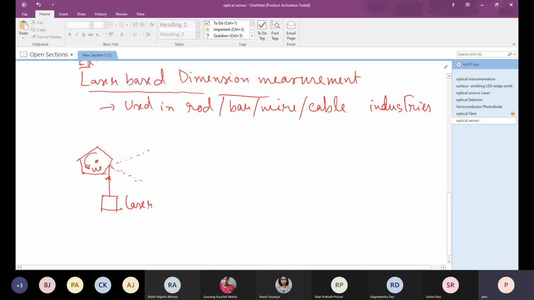So the reflection angle of the surface will change. Therefore it will create a sweep here, and the sweep is basically obstructed by a stopper, and in between we have a lens.